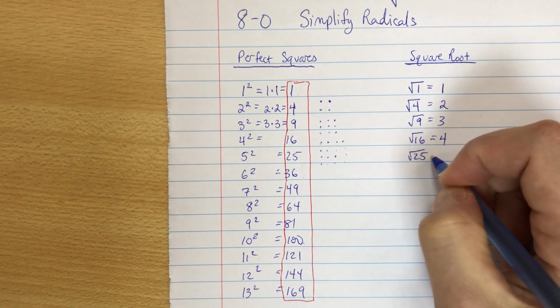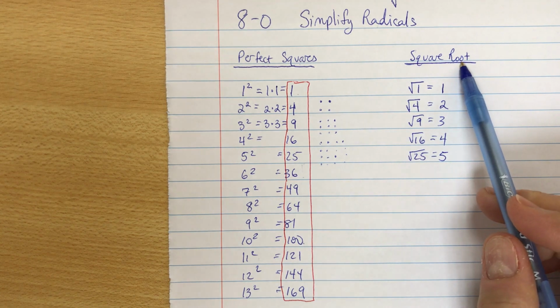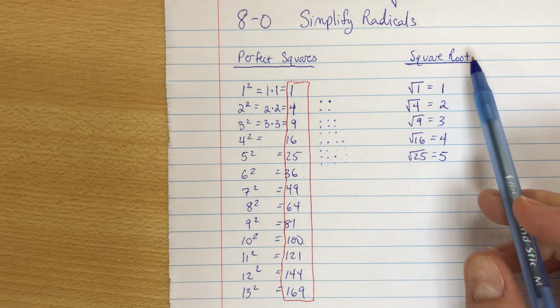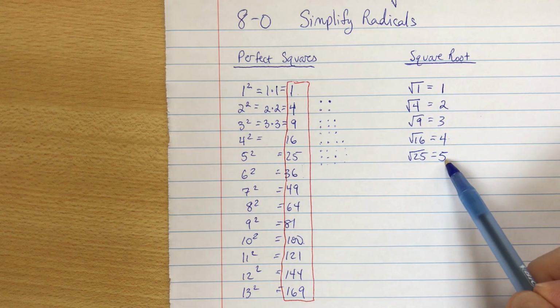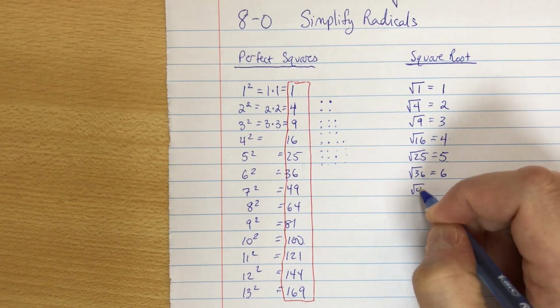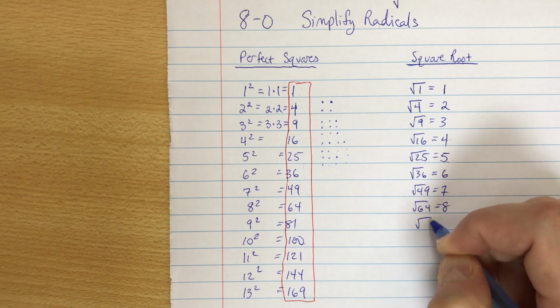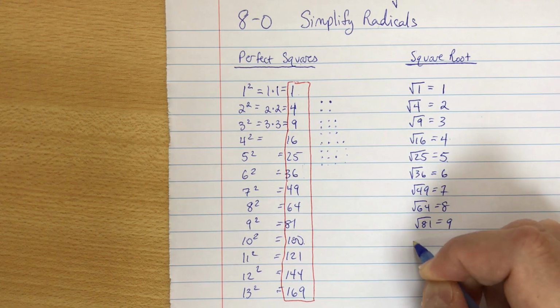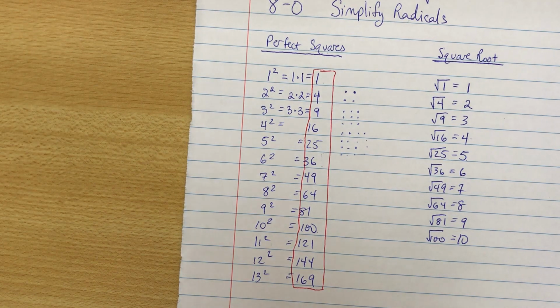The square root of 25 is 5. Like the root of a tree, the root of these numbers is whatever we started with to multiply. And again, I'll go up to 10 here. The square root of 49 is 7. The square root of 64 is 8. The square root of 81 is 9. The square root of 100 is 10. You can keep going.